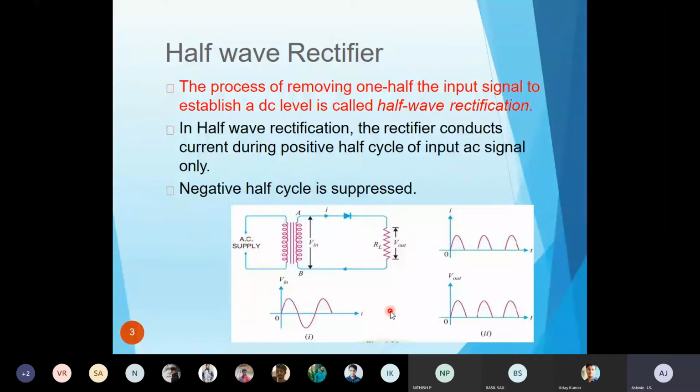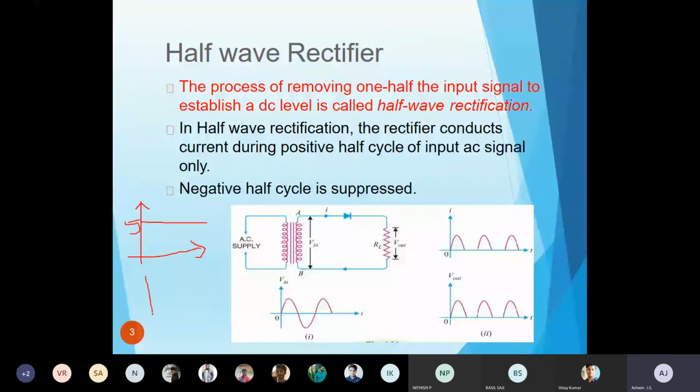Can anyone tell me the waveform of direct current? It will be like this. Wait, I will write. So in a graph, suppose the voltage is 5 volts, it looks like a straight line. There are no oscillations.